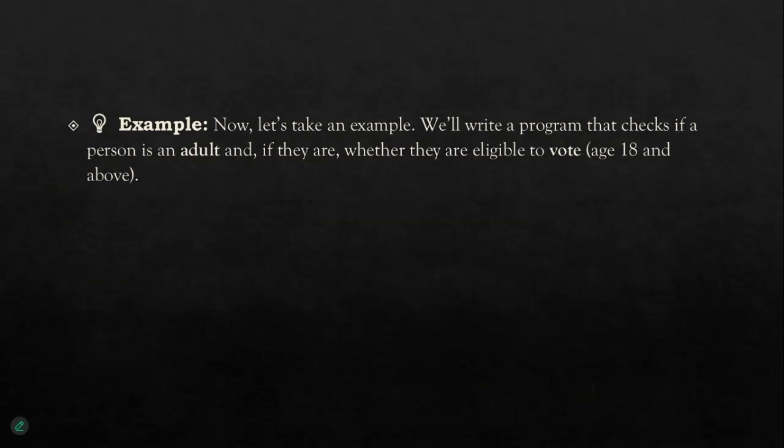We will write a program that checks if a person is an adult, and if they are, whether they are eligible to vote. A person is eligible to vote when their age is greater than or equal to 18 or above.